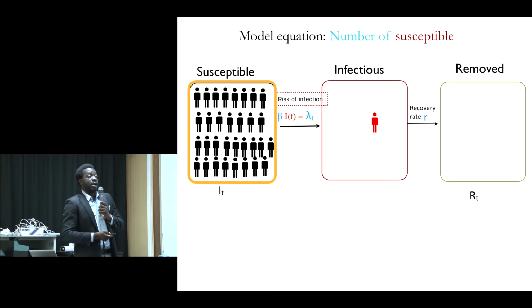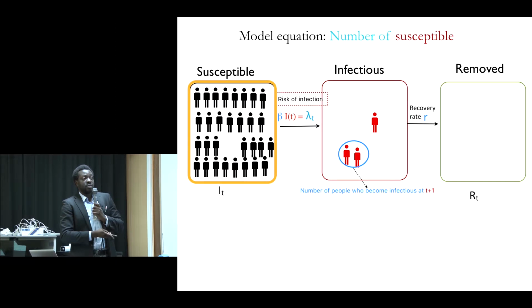So let's see it now. Here we have 2 people who became infectious. They have to leave the box. So the 2 here is the number of those who become infectious at time plus 1. So 2 has gone. The formula to calculate how many people become infectious is this one here, lambda t.